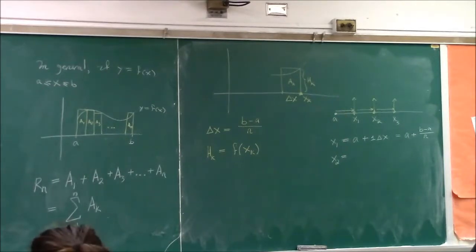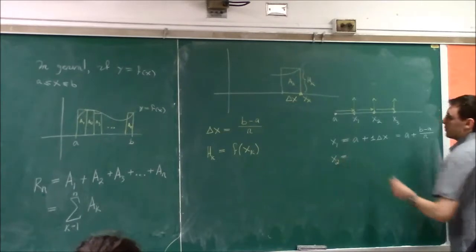Make sense? This is very important. You all have to follow me. Setting up integrals is, I suppose, one of the hardest topics for the third exam for this region. So how do I get x sub 2?